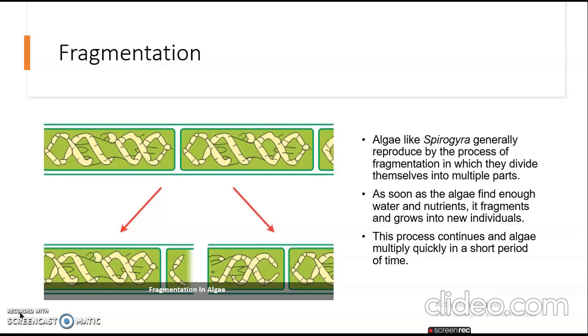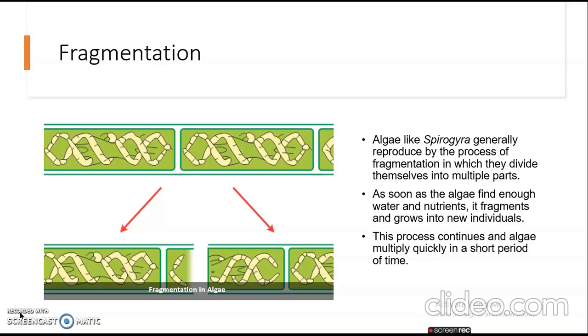Basically, this tells us about reproduction by fragmentation, where algae like Spirogyra, a specific type of algae, divide themselves into multiple parts.